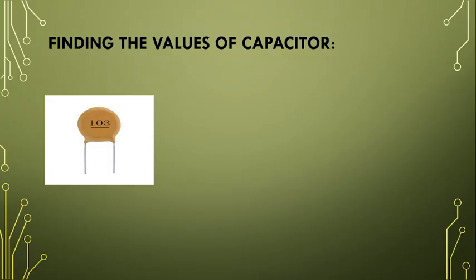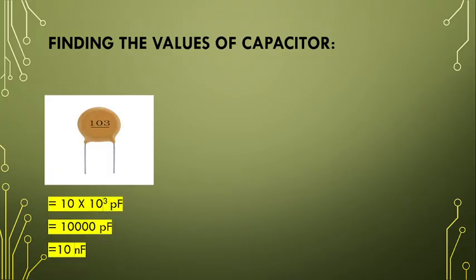So 103: 1 is as it is, 0 is as it is, the third number is always a multiplier of 10 power, so into 10 raised to 3. Always keep in mind when you find the value of a capacitor here, it is always in picofarad. The unit is always picofarad, while the resistance is simply ohm. So the capacitor value is always picofarad.